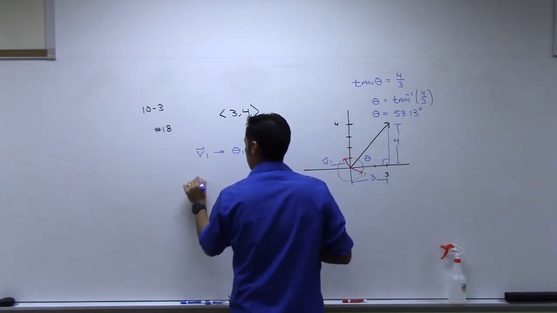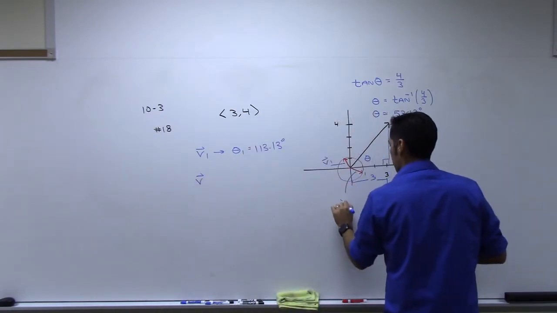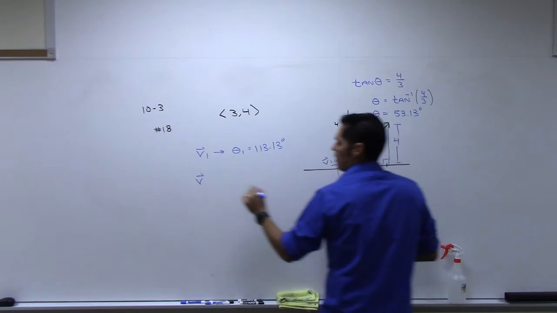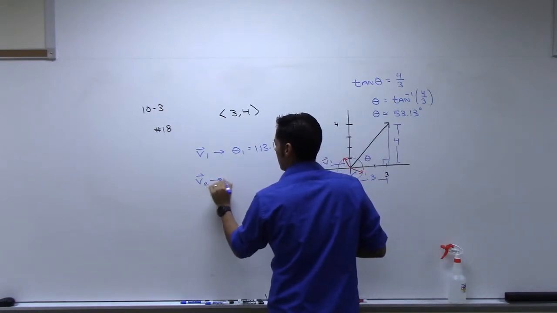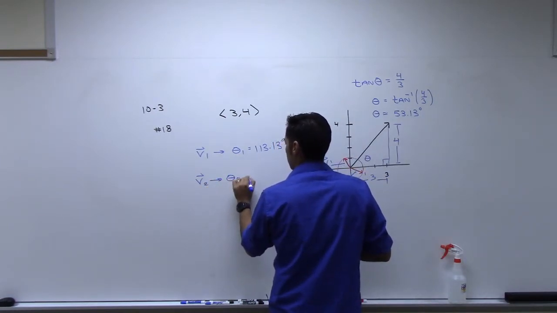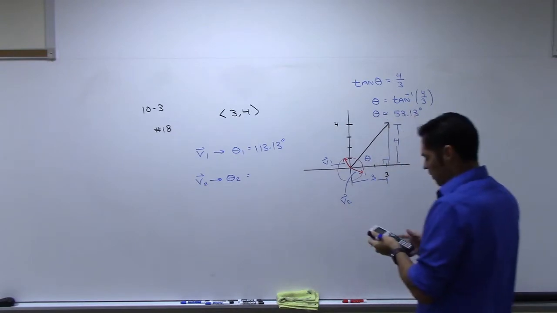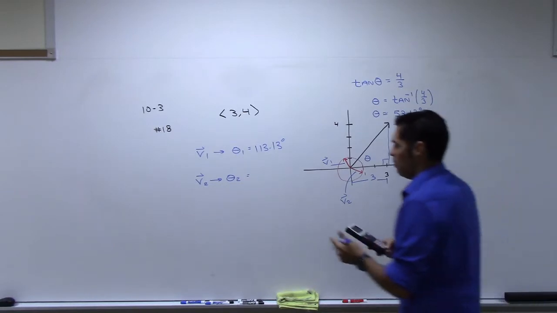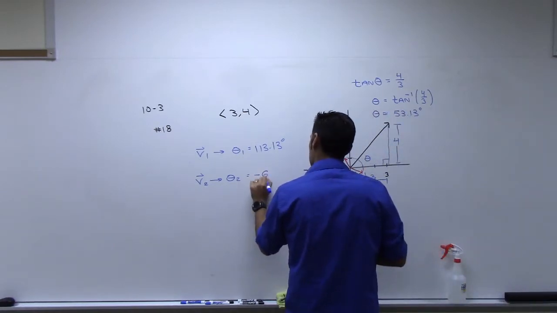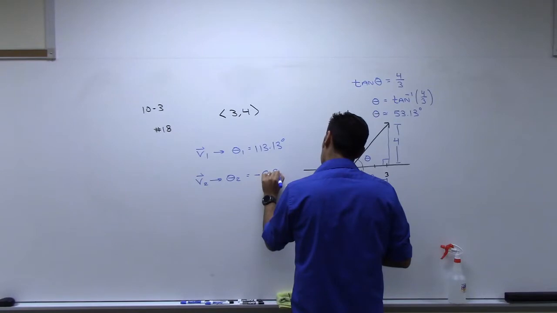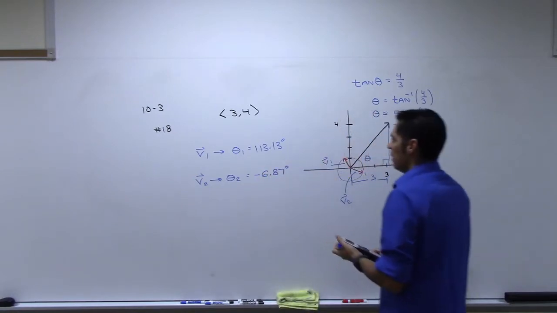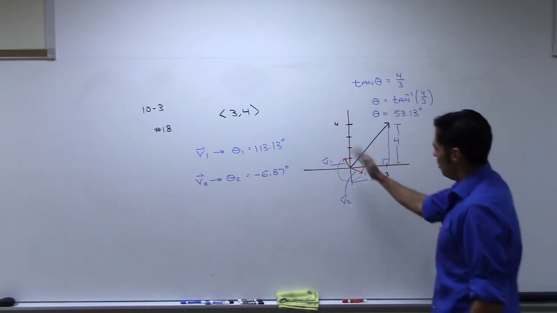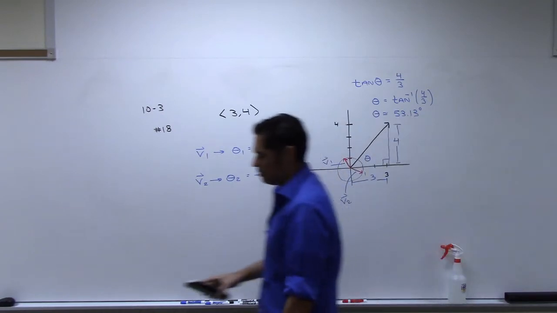For vector 2, this one, the angle theta 2, I take the 53.13 and subtract 60 from it. When we do that, we get negative 6.87 degrees, approximating. So that gives us our two angles of those vectors.